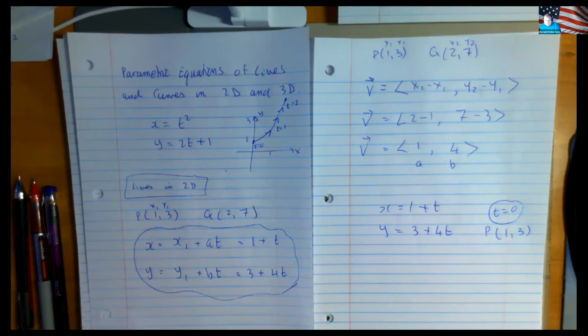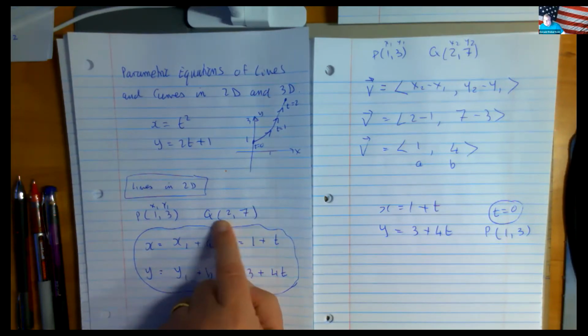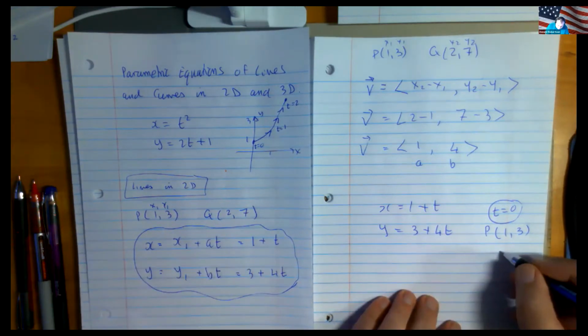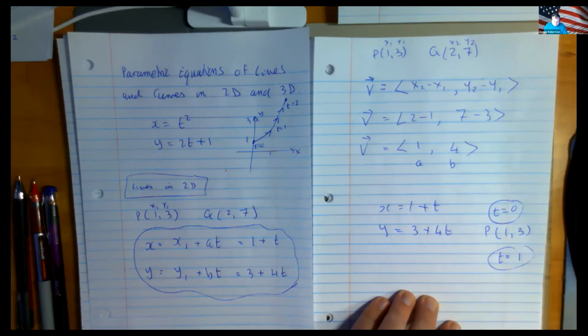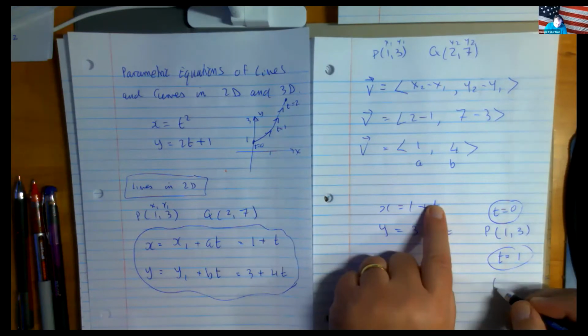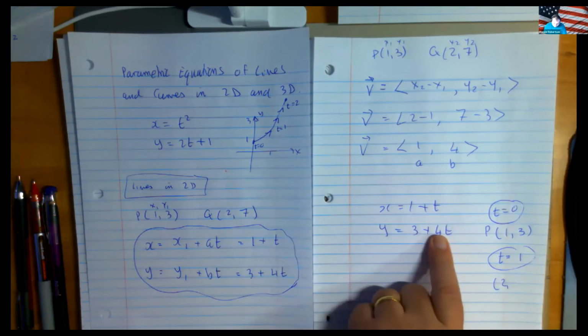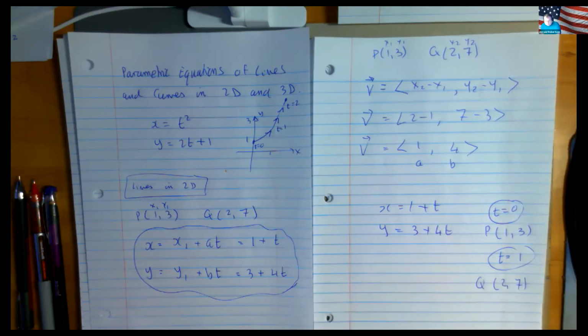Now, the only other point I know about is Q, this one here. If I plug in t equals 1, won't x be 1 plus 1, which is 2? And won't y be 3 plus 4, which is 7? Can you see I get Q?